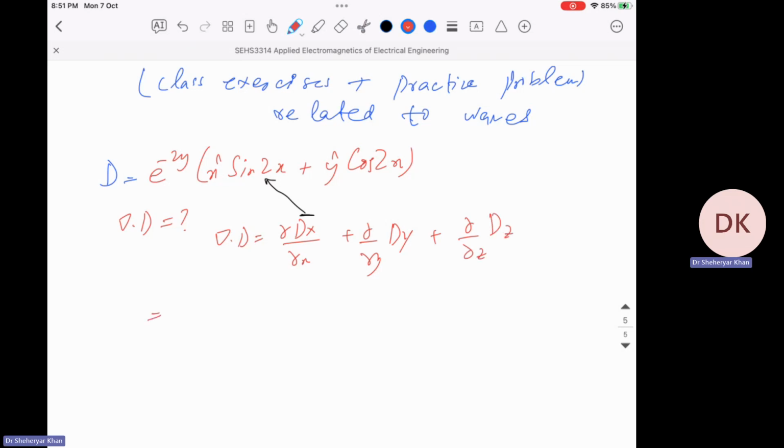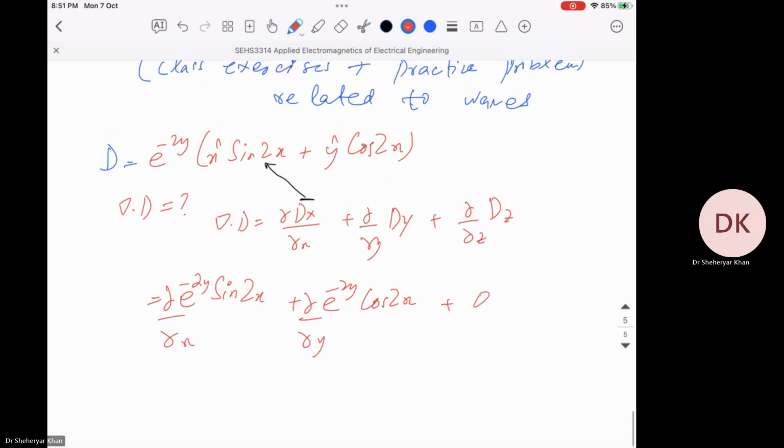So what is Dx? Dx is this one. Because there are no z components, that term is 0. So what is the derivative of this with respect to x?